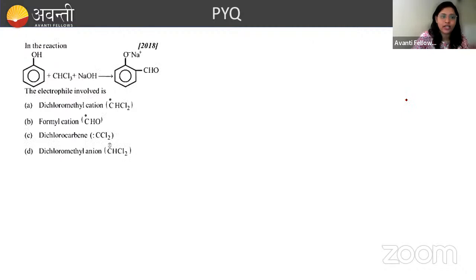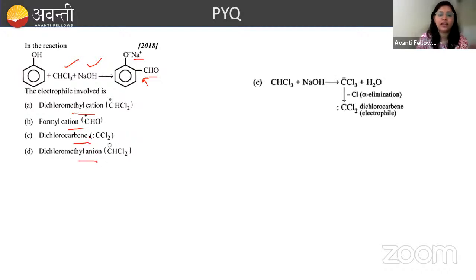Okay, let's move on to the next. What is this reaction? Yes, this is the Reimer-Tiemann reaction, right? Phenol when it reacts with CHCl3 in the presence of base, there is a formation of CHO. The electrophile involved here, do you know what the electrophile is? Dichloromethyl cation, formyl cation, dichlorocarbene and dichloromethyl anion. So here which type of intermediate forms?